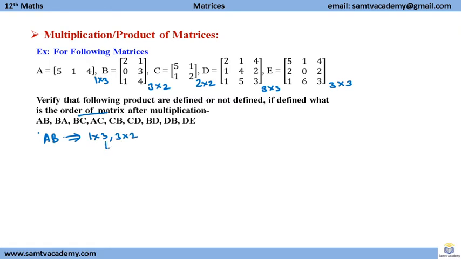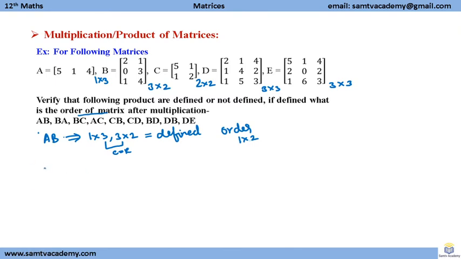Here the columns of A equal the rows of B, so this product is defined. And the order is what remains of A and B, so the order will be 1 by 2.